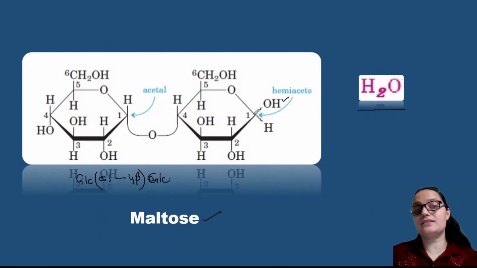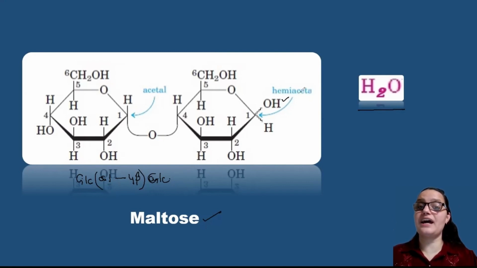But the hemiacetal of the second glucose unit is still intact. So if another alcohol comes, it can easily get associated with it. It will readily ditch this hydroxyl group to get associated with another monosaccharide through that ether linkage.